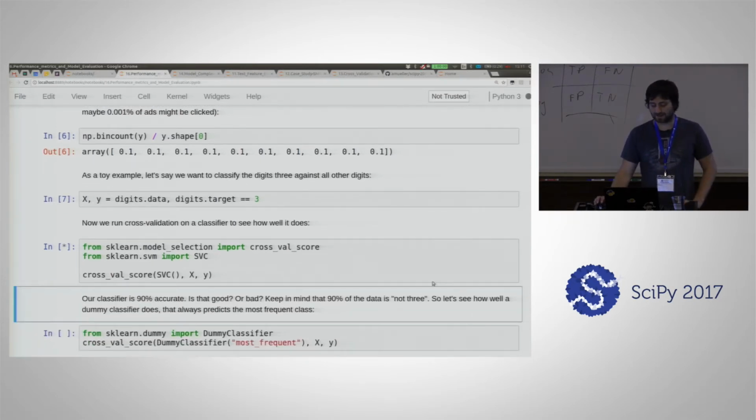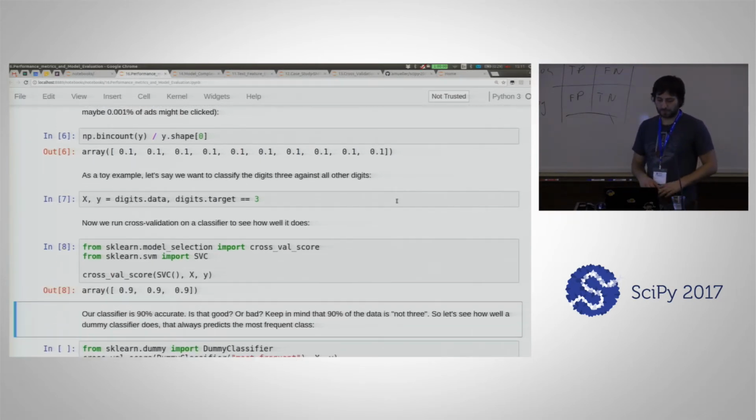Here I run cross-validation with a support vector machine on this very imbalanced data set, and I get 90% accuracy. Is this a good result? No. Because if I always say it's not a 3, I get 90% accuracy.